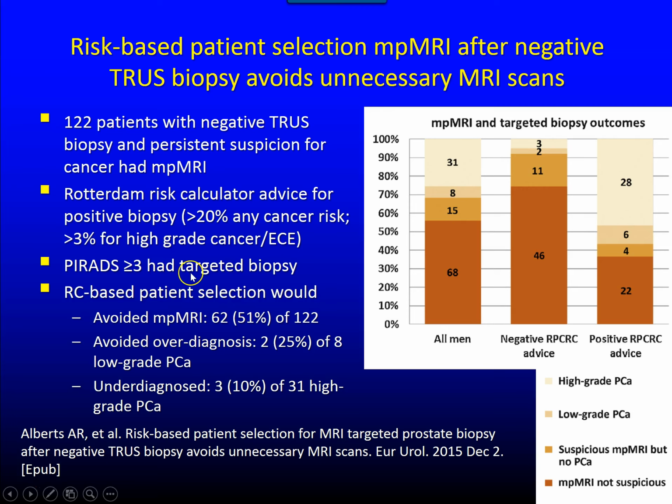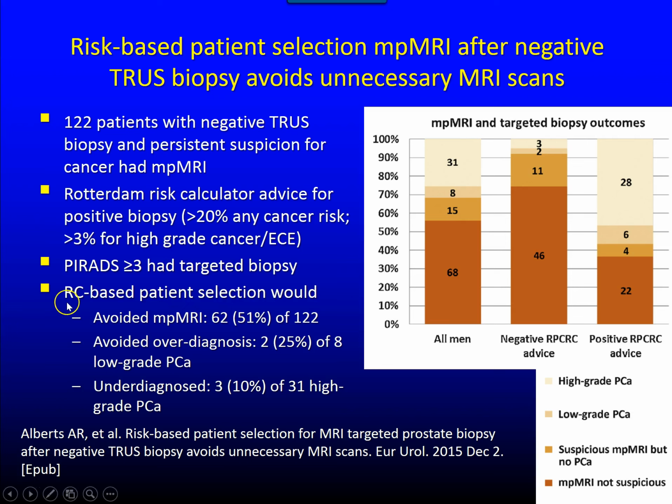So, if you look at this study that's just been published, 122 patients with a negative truss biopsy, but a suspicion for a cancer on a multiparametric MRI, in other words, PI-RADS 3, 4, or 5.